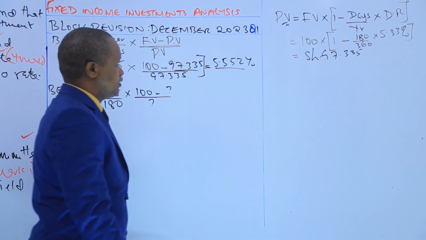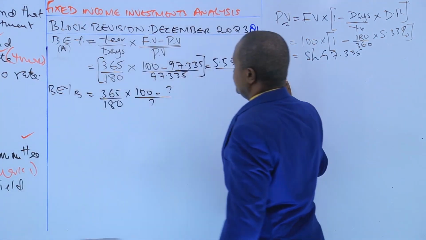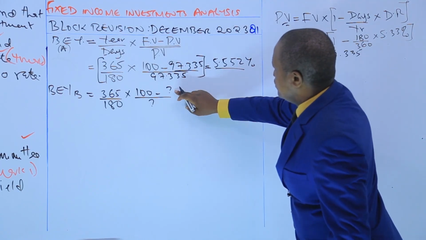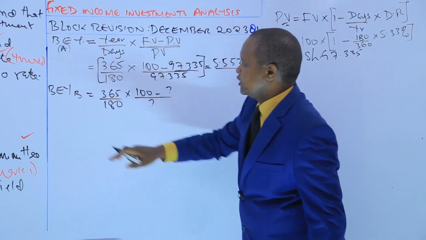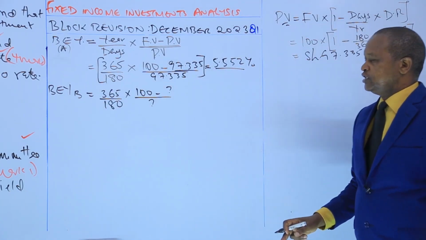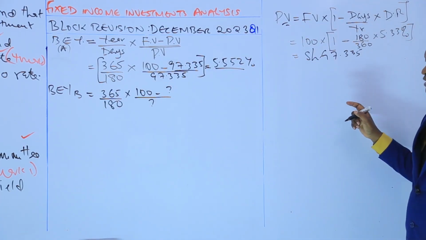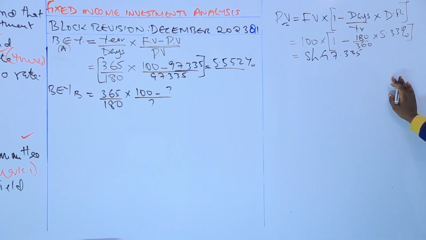So I'm going to have another working here for the present value for the bond equivalent yield, instrument B. What is the present value of instrument B?